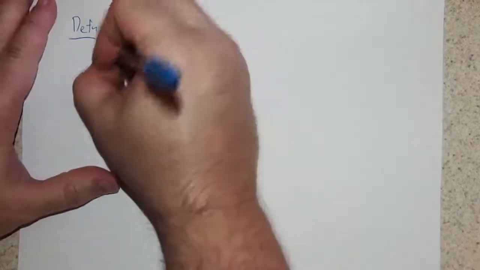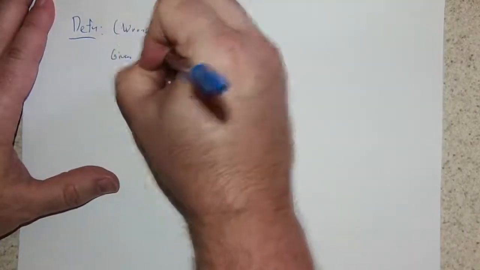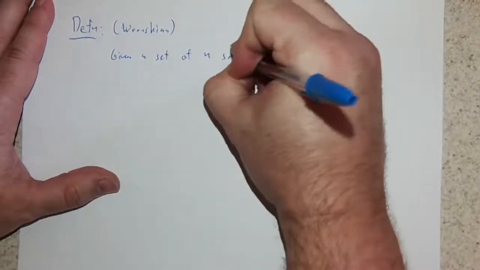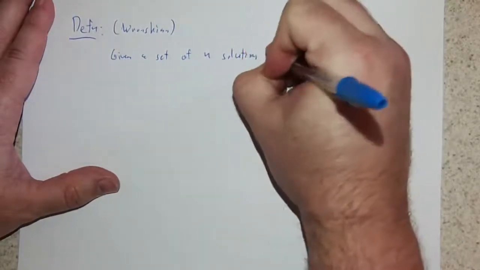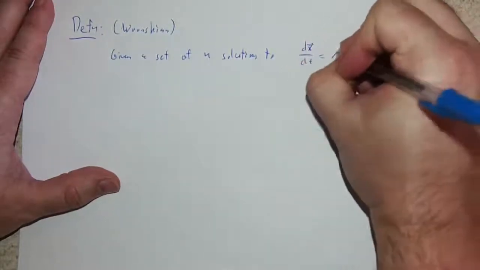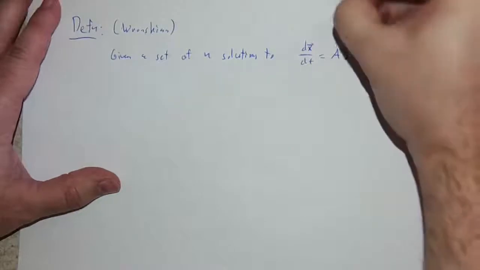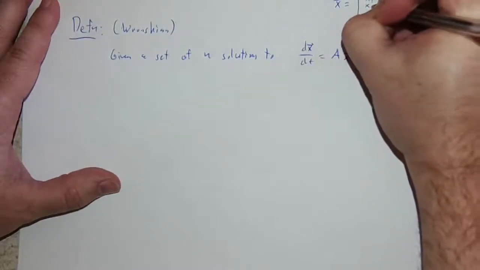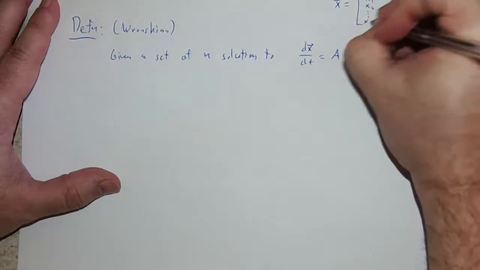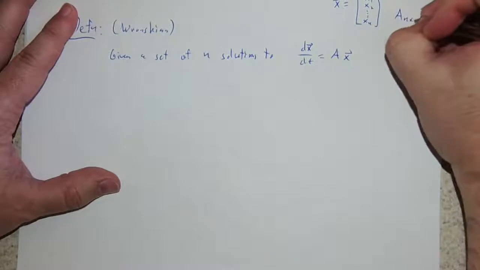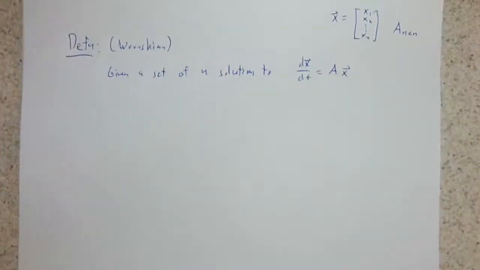Now, given a set of n solutions to dx/dt equals Ax, where x is the solution vector that has n components, so this is a system of n equations, and A is an n by n matrix of real numbers.